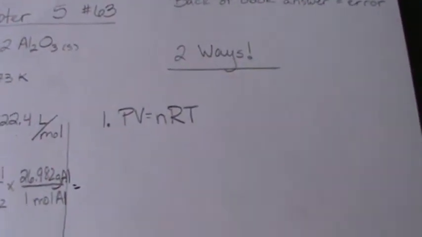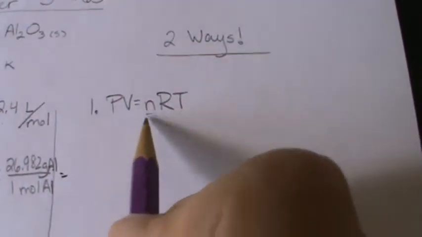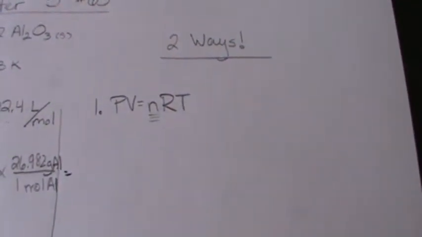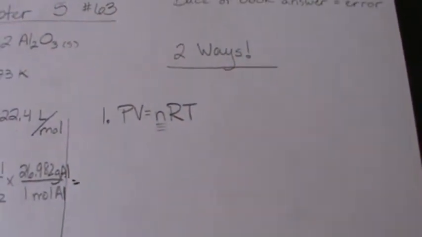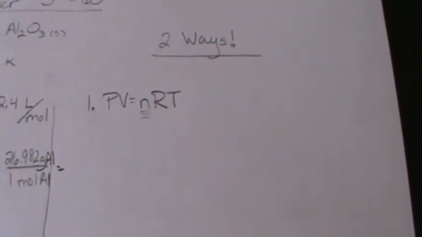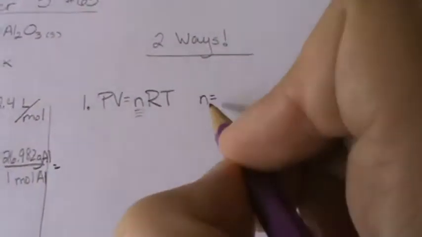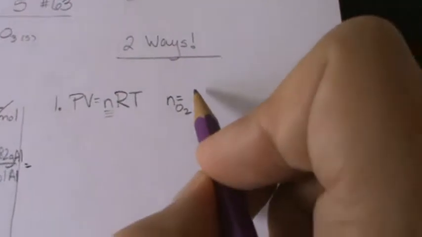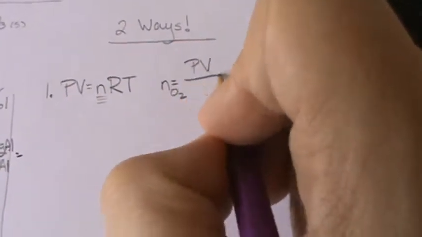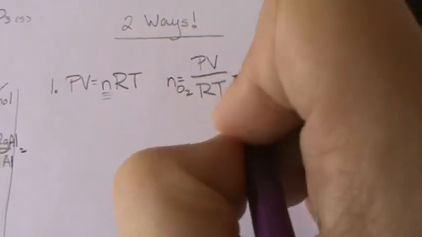What we need to do is find the number of moles of oxygen that we're dealing with, because we need the number of moles of oxygen in order to find the number of moles and then the mass of the aluminum. So we solve: n of our O2 is equal to PV divided by RT.